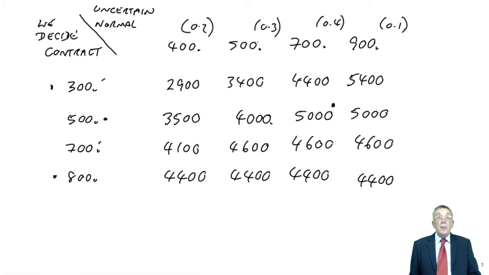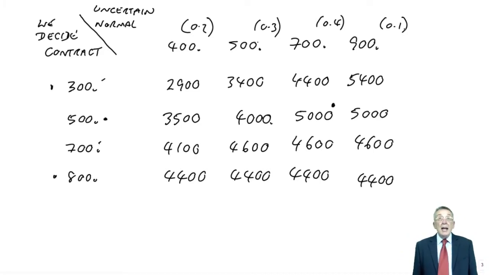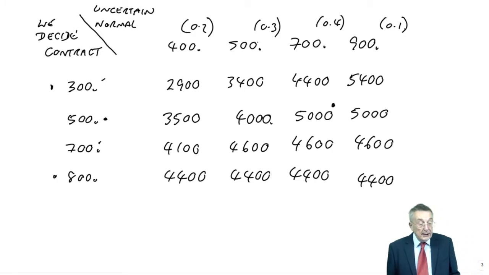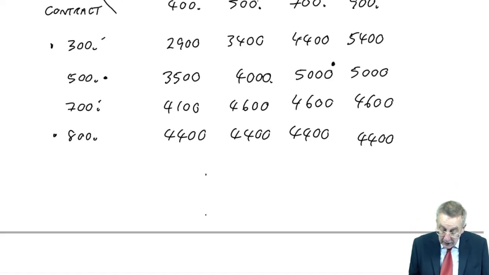So for each possible choice, each contract size, let's work out the average or the expected return. Let's go through one by one.